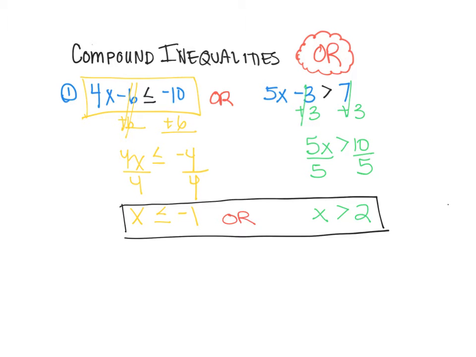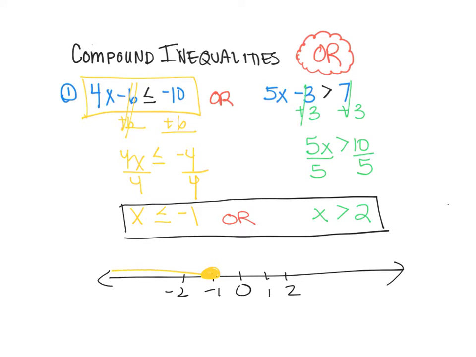And so if we go to graph this, what this would look like on a number line is that we would have a closed circle on -1 showing that -1 is included, and then anything less than it, and then an open circle on 2 and anything to the right of it.